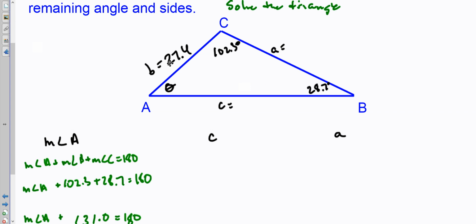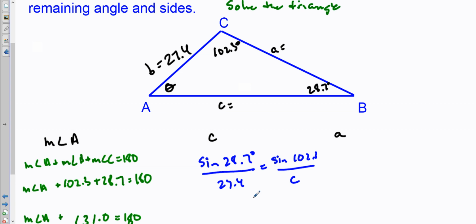Now, to figure this out, we're going to use the law of sines. The law of sines, if you checked the previous video, is where we take the ratio of a side and an angle. So in this case, the sine of 28.7 degrees over 27.4 will equal the sine of 102.3 degrees over c.